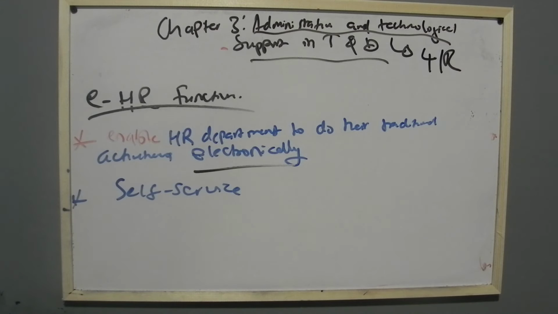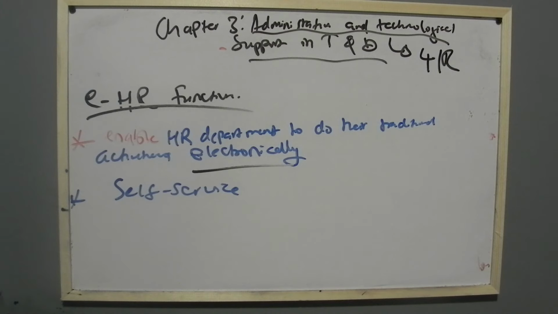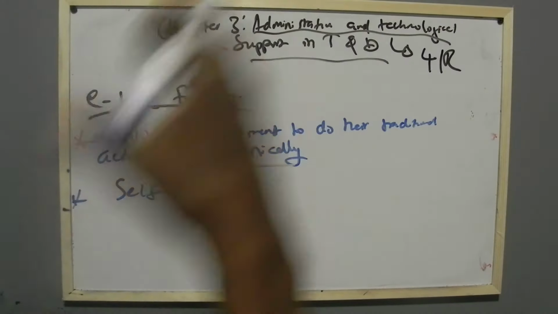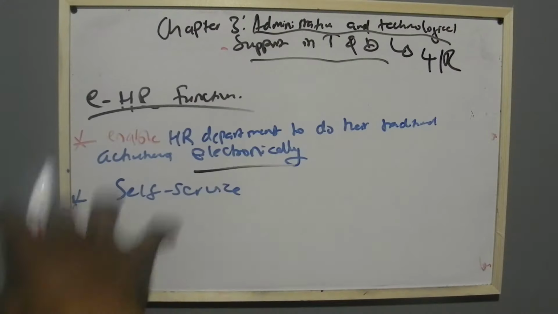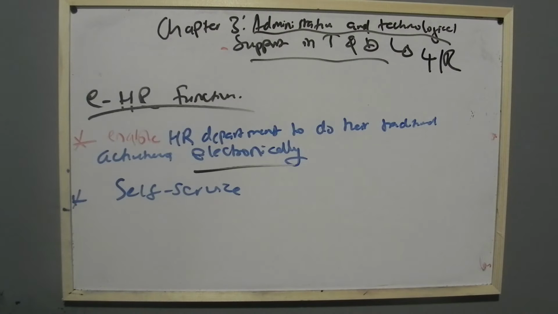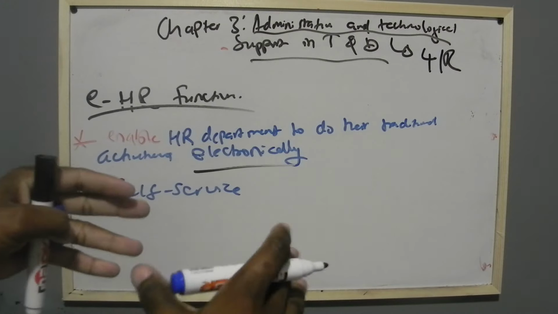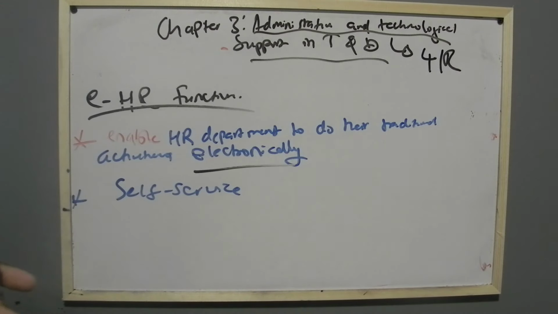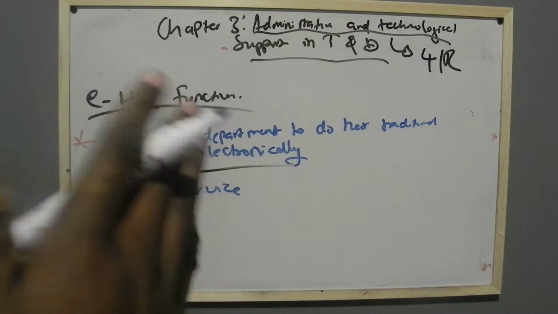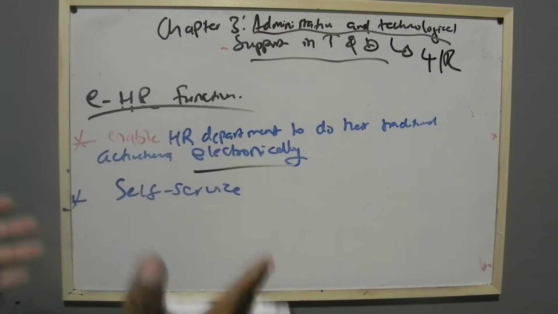What do I mean by self-service? I mean I can go into that system and search any information that I want. Because if you remember, we said that the human resource information system serves to collect, maintain and retain data in the computer. I am able to get access if they give me the details of how to get access on that computer, laptop, or any technology there.